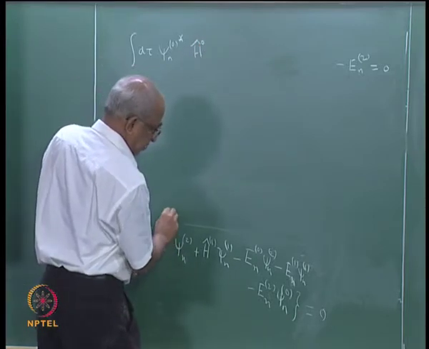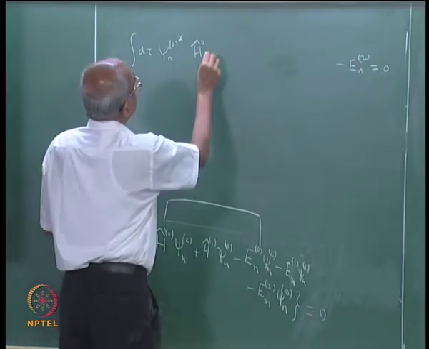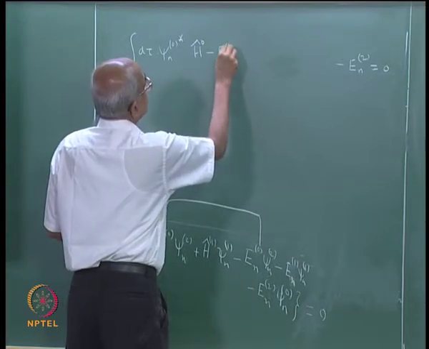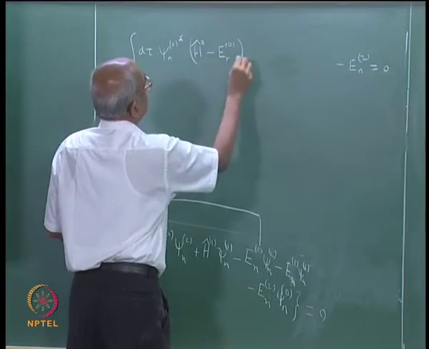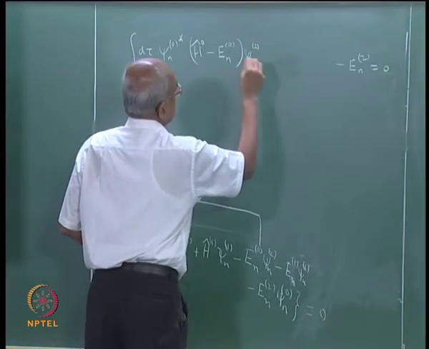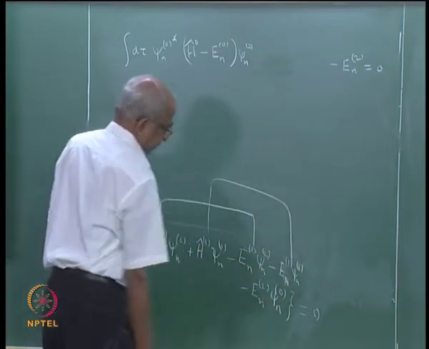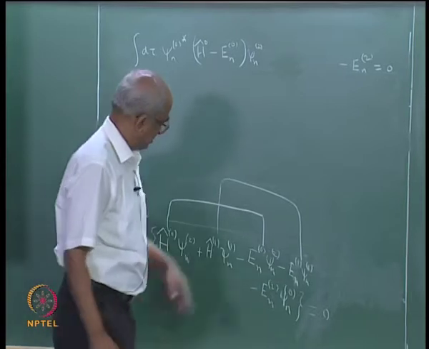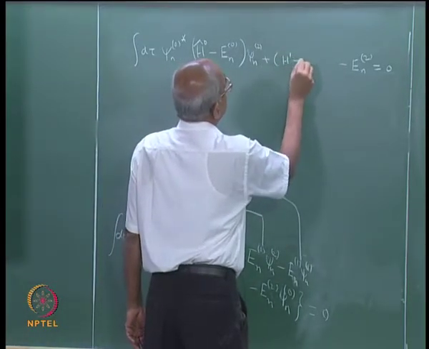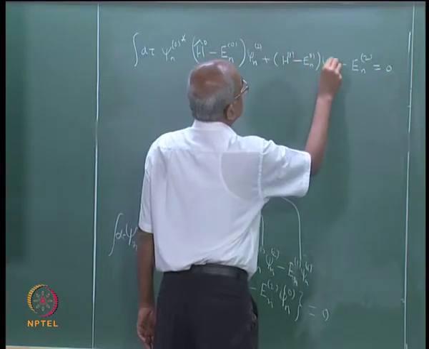This term I will combine with that term, because you can see psi n2 is common. So, (H0 minus En0) psi n2, and this term I am going to combine with that term, because both have H1. So, plus (H1 minus En1) psi n1.